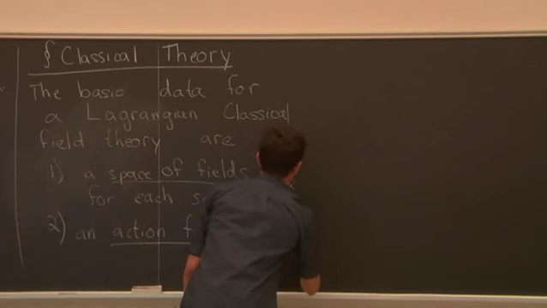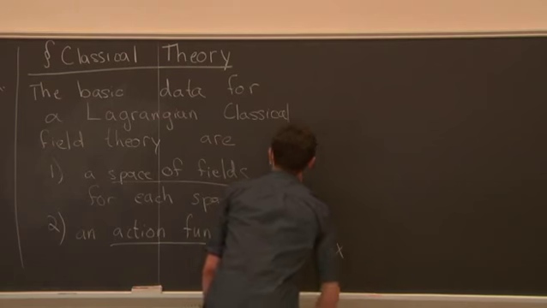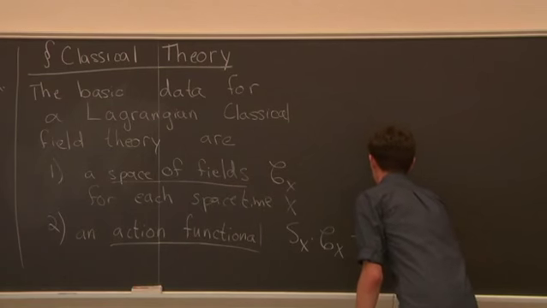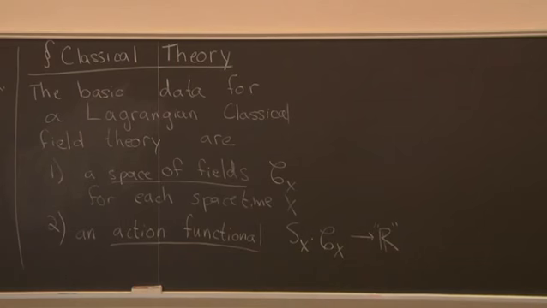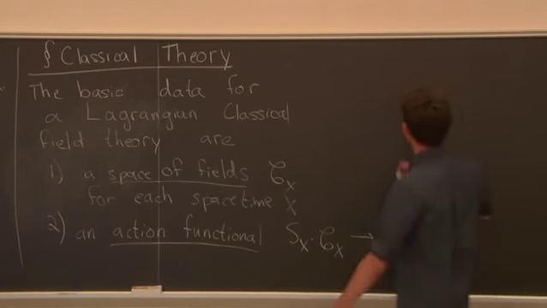And this is supposed to map from the space of fields over X into R. Well, sort of. We saw it was R mod Z valued for classical Chern-Simons.